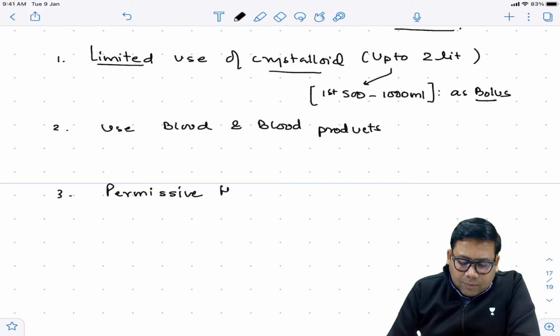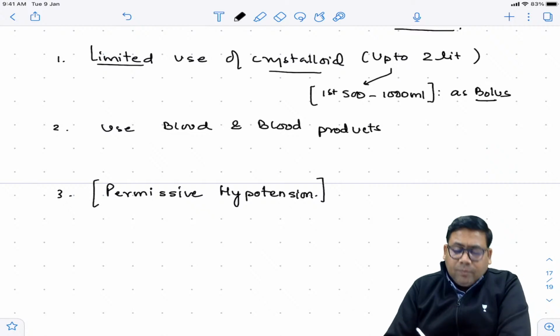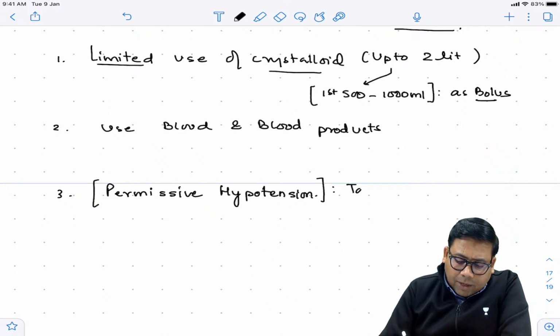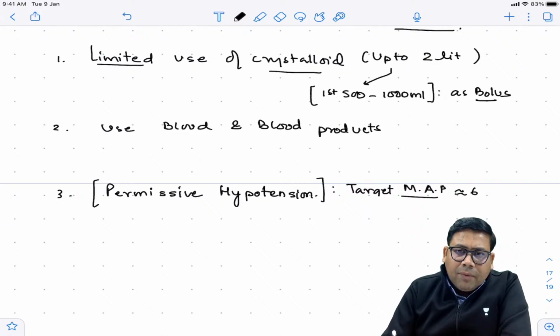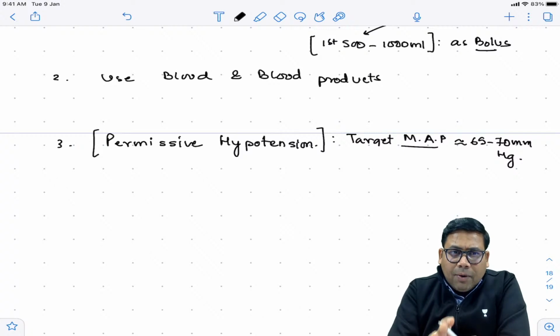What is the concept? The target mean arterial pressure that we can keep is 65 to 70 mmHg, and this is very important.